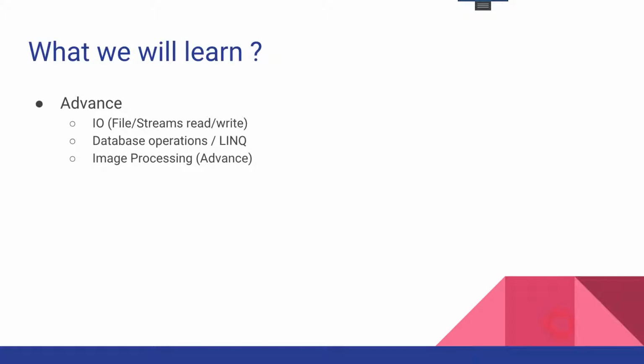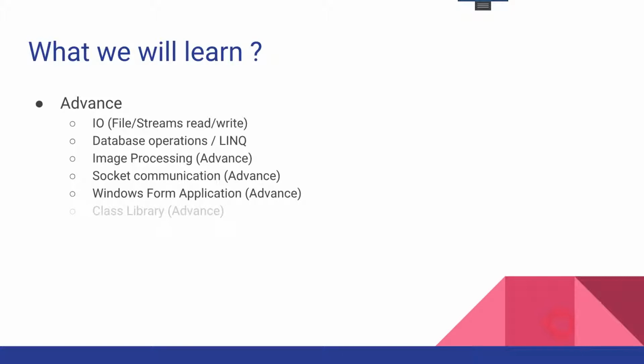And then we'll do some programming on image processing, some socket communication programming, some Windows Form applications. So usually when you are working with a Windows application, it's a Windows Form application if it has a GUI. And then we will talk about class library. Usually Windows service is kind of example for the class library.